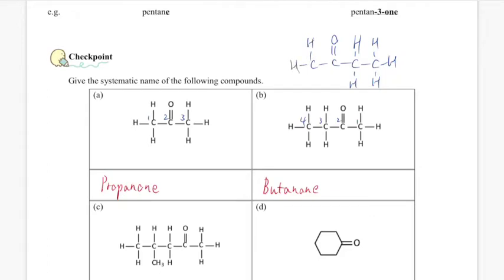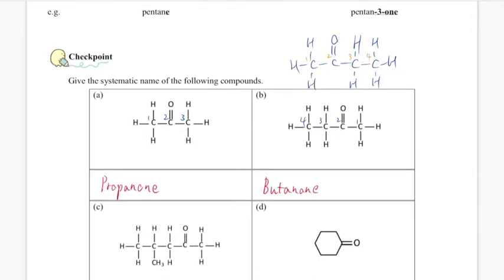Imagine if we move this functional group to so-called position 3, and then let's label those carbons again. Remember, for your functional group, we should always try to give it a lower number. So for this molecule, we should number our carbon from the left-hand side, carbon 1, carbon 2, carbon 3, carbon 4.